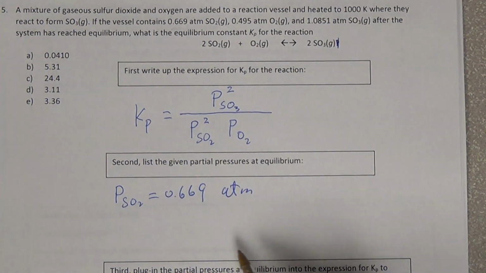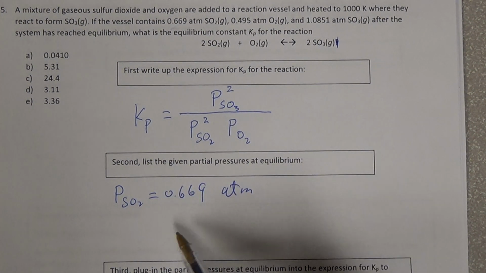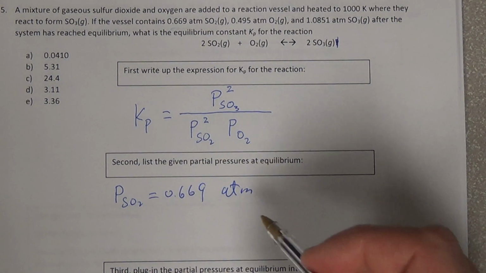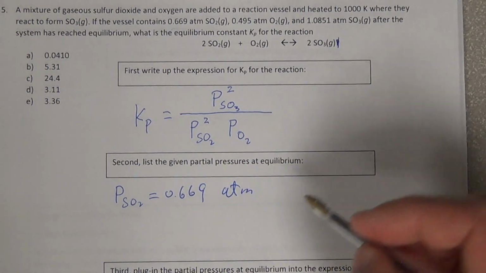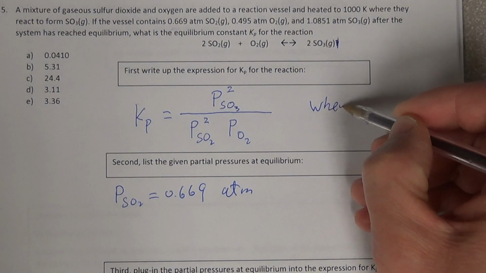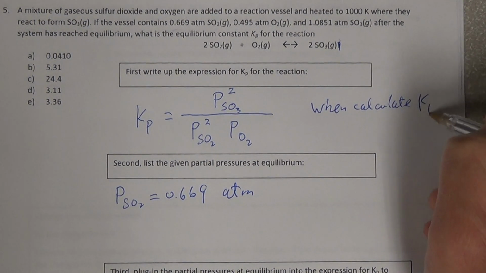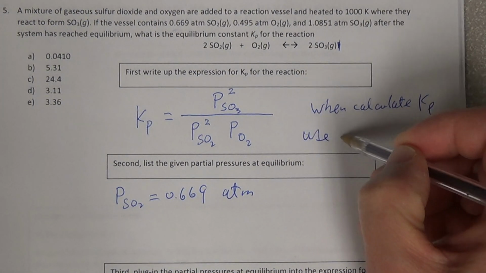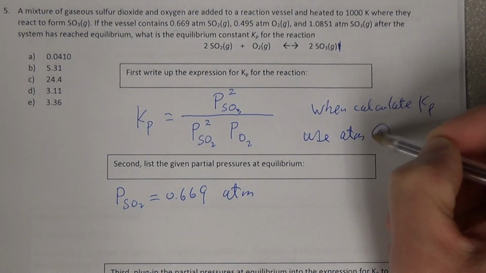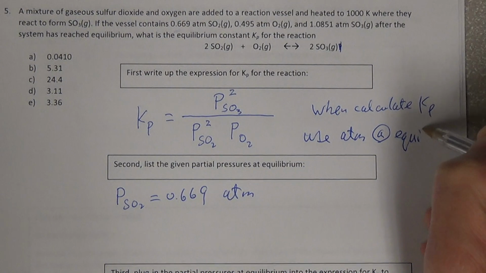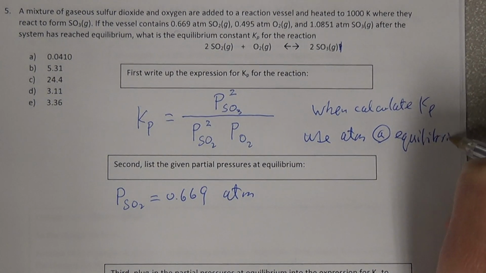Make sure that even though Kp or Kc don't have a unit, when you calculate Kp, you use ATM at equilibrium.